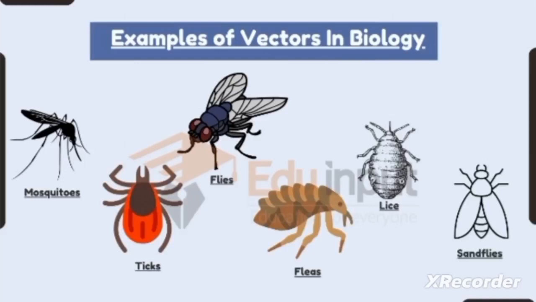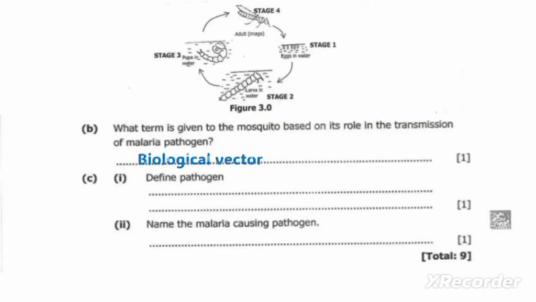We can see housefly, mosquito, ticks, and lice. This one is an example of a biological vector. This one is an example of a mechanical vector. So therefore, we are going to say biological vector. The mosquito is an example of a biological vector.